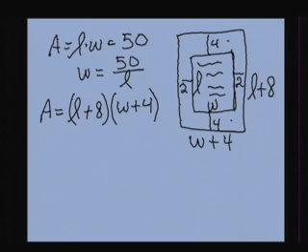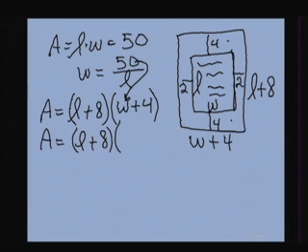I want to make a substitution of 50 over L for W so that I have this equation in one variable. So my area is going to be L plus 8 times 50 over L plus 4.